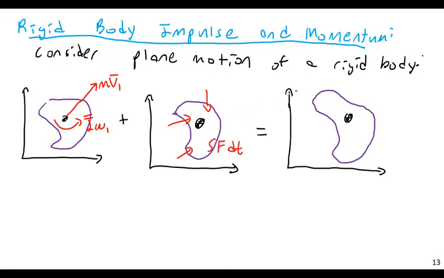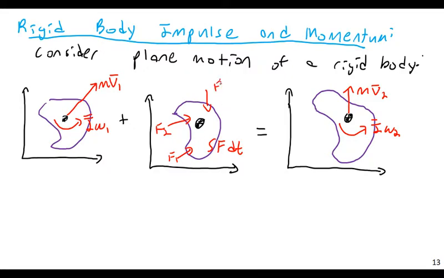And I could average these forces into a force and a moment, and these would then produce some final value that is I bar omega 2 and mv2. Maybe v bar 2.